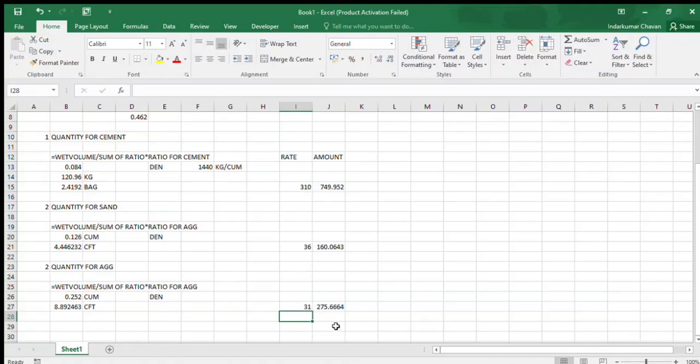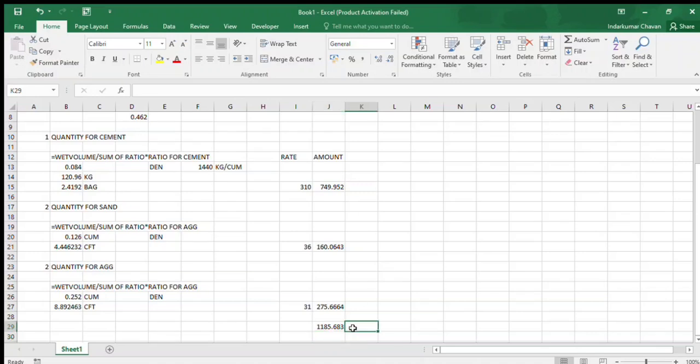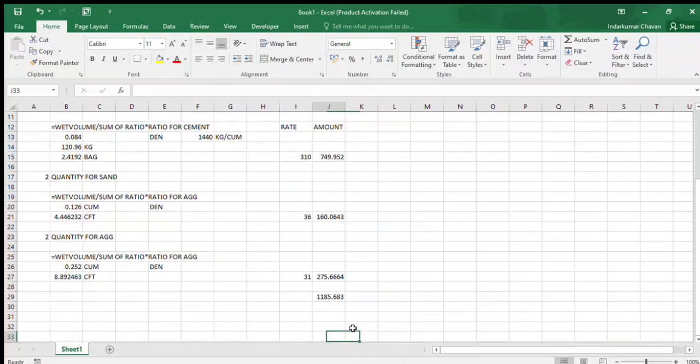Okay, right? So the total amount for 0.3 cubic meter of M20 grade concrete is this much amount required for 0.3 cubic meter concrete. Okay, so in that we need to add 2-3 things, that is labor charges.